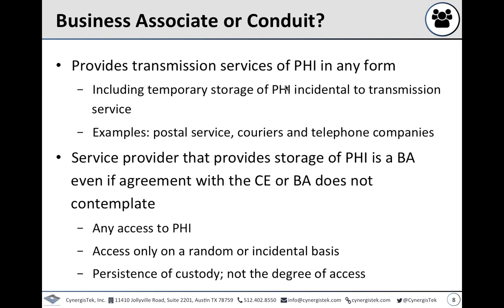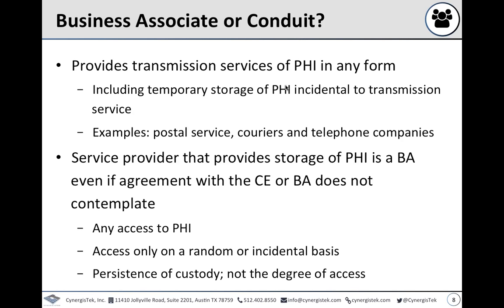And they would claim that they were a conduit because they were simply, as they put it, moving an email message from one place to another. But as we learned in the case of Phoenix Cardiology, that really doesn't hold because Google created a copy of the email, and it was persistent. And whether or not they were accessing it, they could access it.